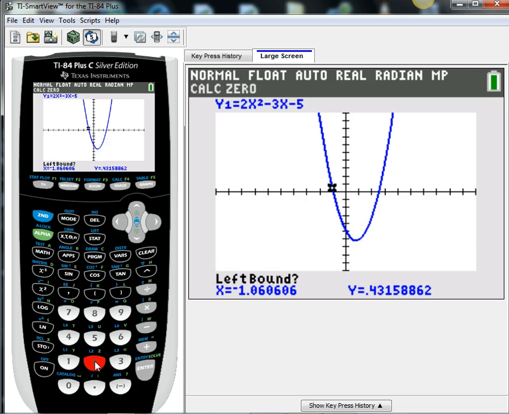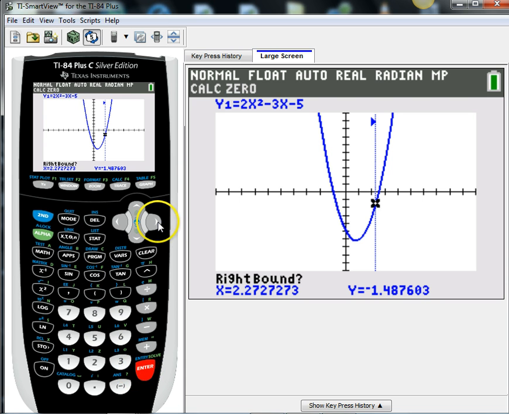I want that other 0, and I'm going to move the cursor. I'm trying to get to the left again. So I'm going to keep moving here. And I'm to the left. So I'm going to left bound, yes. I'm going to hit enter to say yes. And now I need right bound.